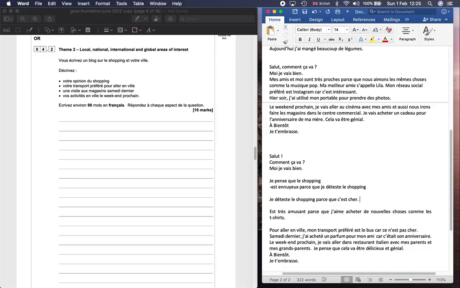There you go. And then the third option is someone who likes shopping. So you can say je pense que le shopping est très amusant parce que j'aime acheter de nouvelles choses comme les t-shirts. I think shopping is fun because I like to buy new things like t-shirts.